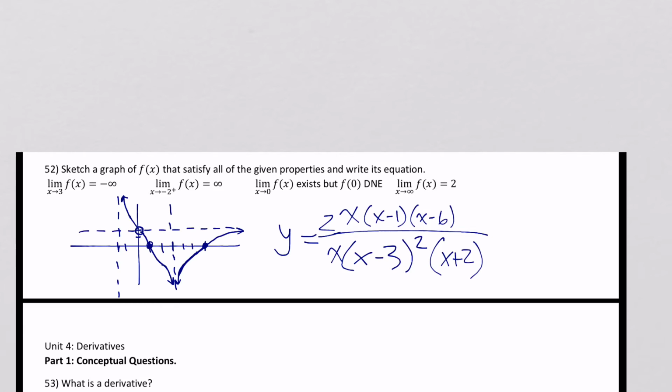Alright, so where are we currently? Currently we have 1, 2, 3 powers of x in the top, and we have 1, 2, 3, 4 powers of x in the bottom, which means we need an additional power of x in the top.